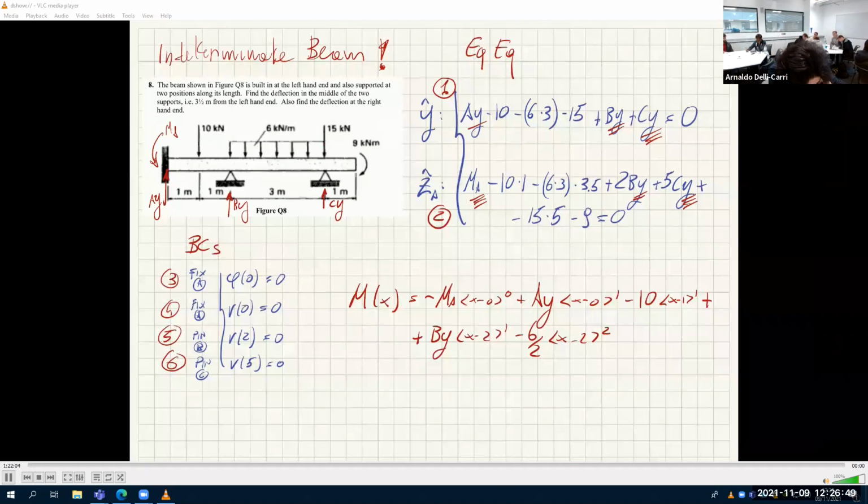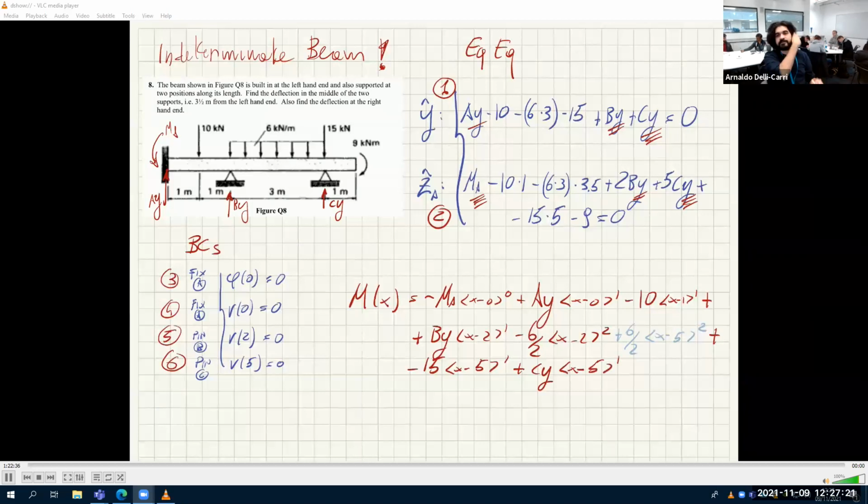Plus 6 divided by 2 times x minus 5 to the power of 2, and then we have negative 15 times x minus 5 to the power of 1, positive cy times x minus 5 to the power of 1, and finally 9.